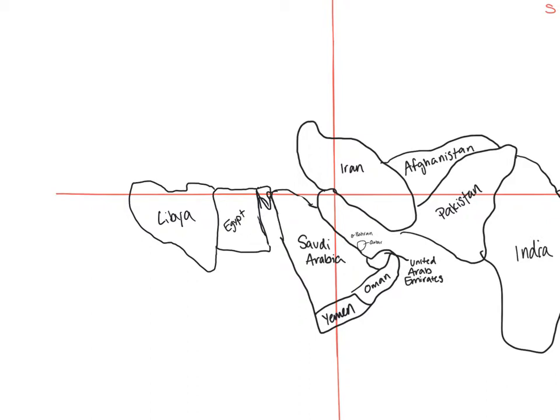What touches Libya? Algeria. I don't think I have enough room for that. It's okay, squeeze it. Algeria. Tunisia is the green one that kind of sits on top of Libya like that.